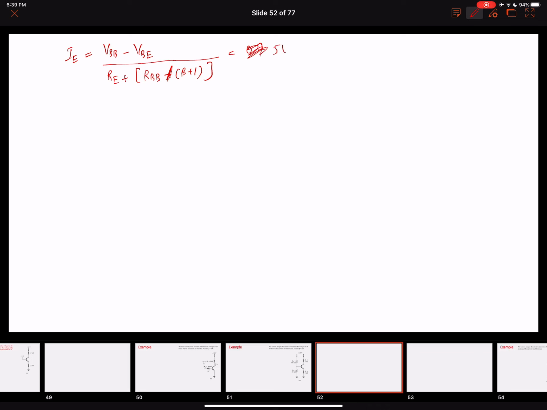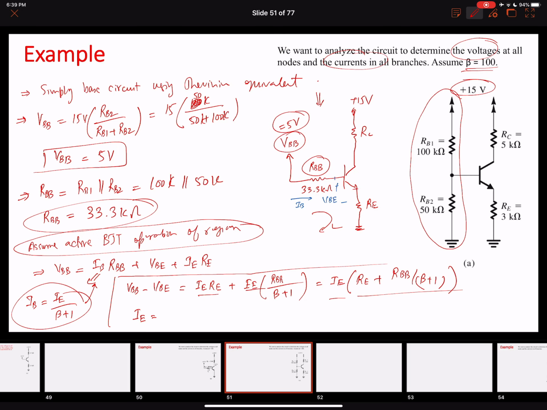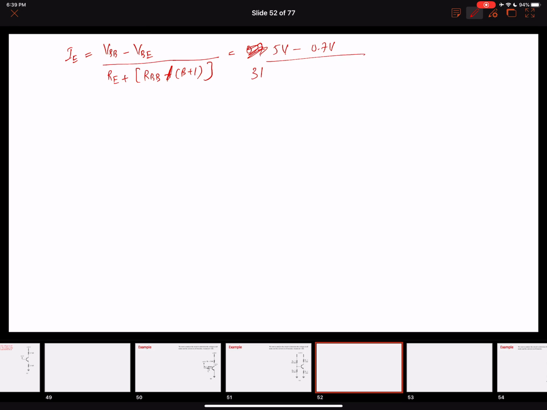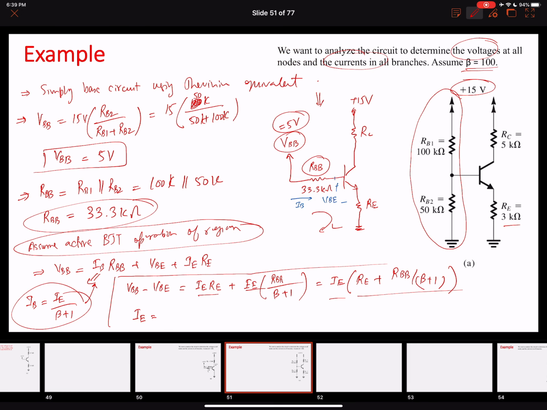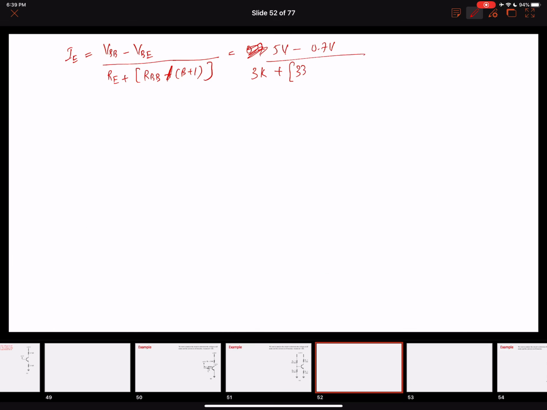So 5 volts minus 0.7 volts over, what is the value of RE? 3 kilo ohms, plus RBB, which is 33.3 kilo ohms, divided by beta plus 1. Beta was 100, so it should be 101. If you solve this equation, the emitter current comes out to be 1.29 milliamperes.